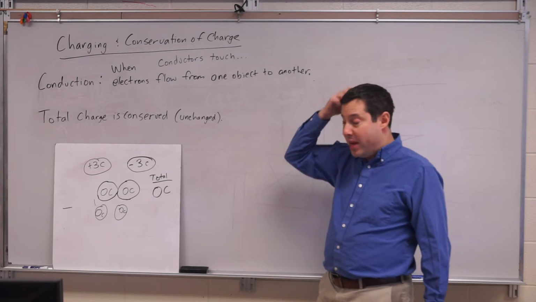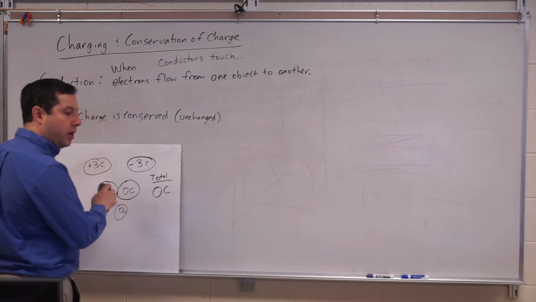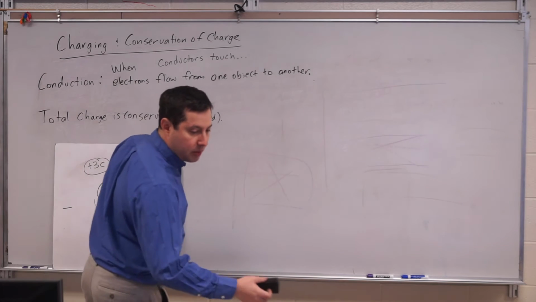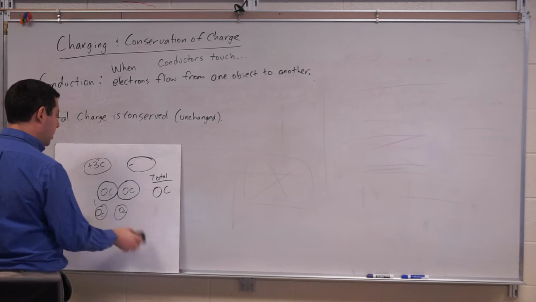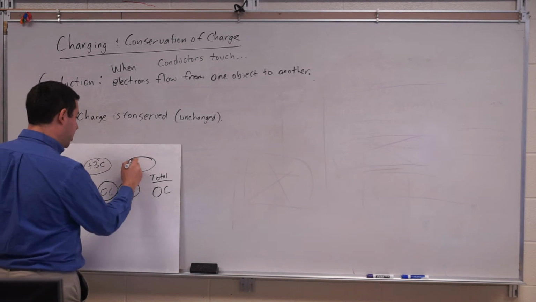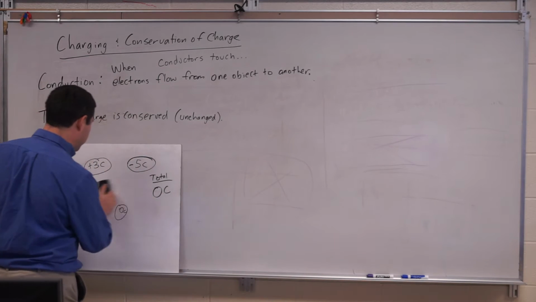This was a kind of basic example, but imagine this instead. Instead of having plus 3 and minus 3, I have plus 3 and minus 5 coulombs. And we touch them together.